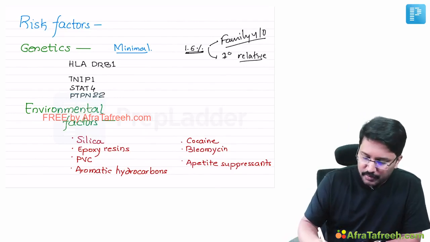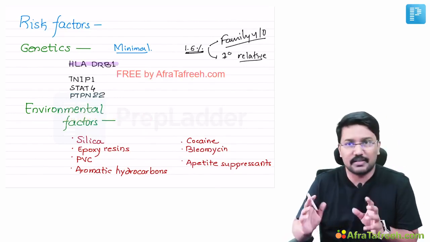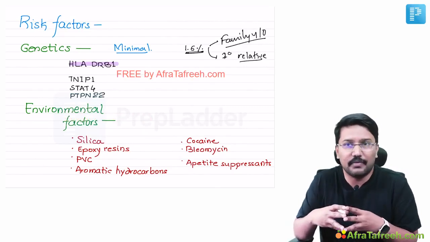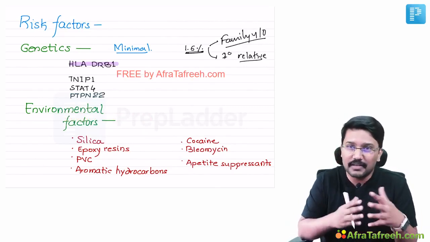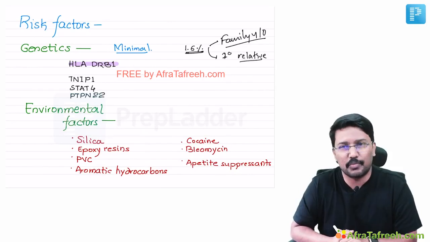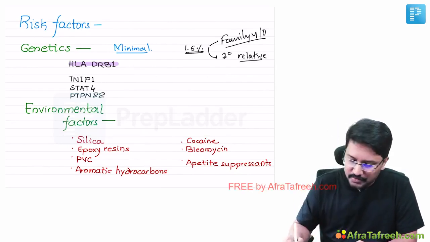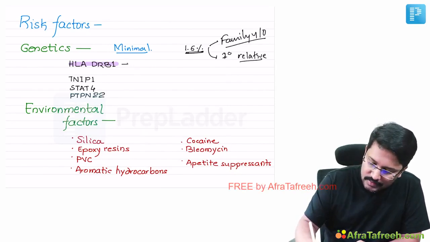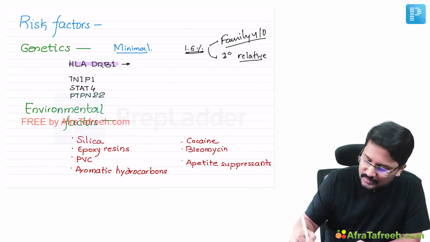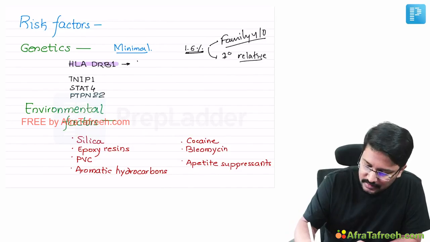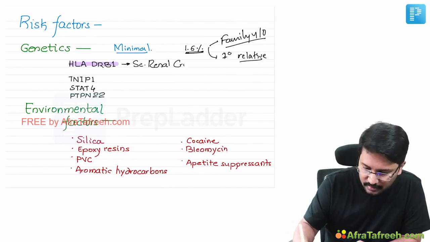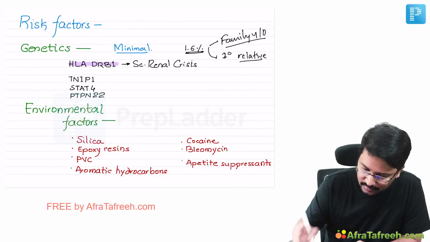The first point I want you to remember is HLA-DRB1. Yes, the HLA variant that is classically associated with various other autoimmune disorders like rheumatoid arthritis and SLE. Yes, that can be seen in patients with systemic sclerosis also, and its presence correlates with the scleroderma renal crisis risk.